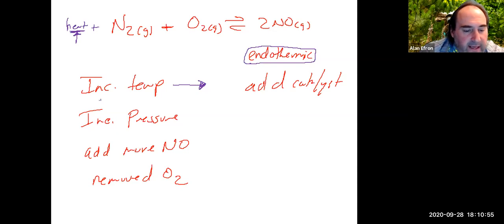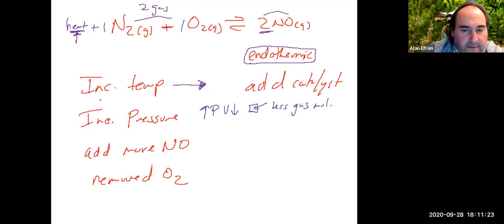If we increase the pressure, the volume will go down. And in a smaller volume, we need fewer gas molecules. If we look at the equation here, on the reactant side, there is a grand total of 2 gas molecules, 1 on each of these. And on the product side, we also have a grand total of 2 gas molecules.